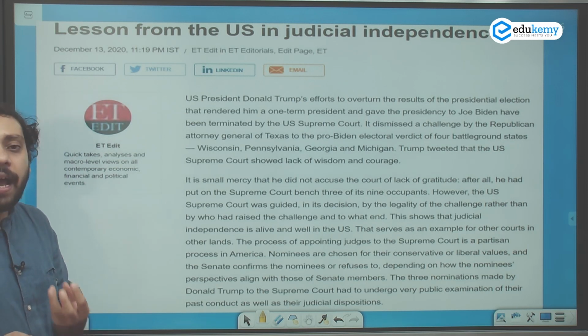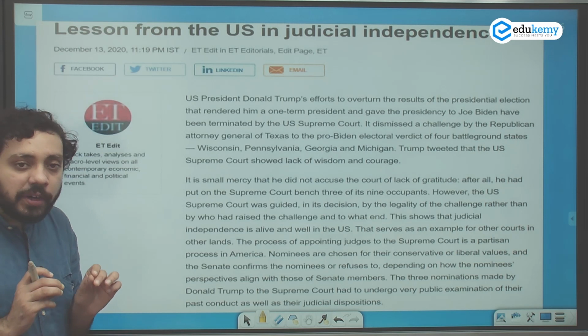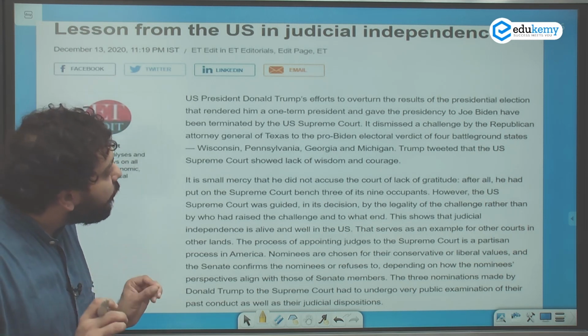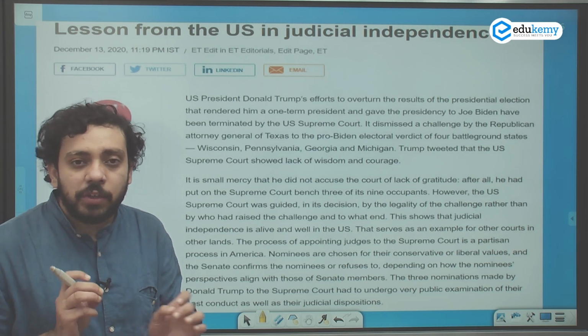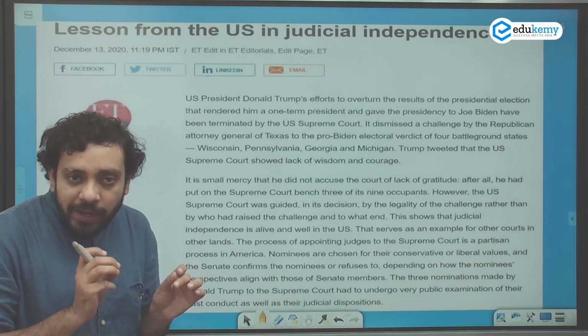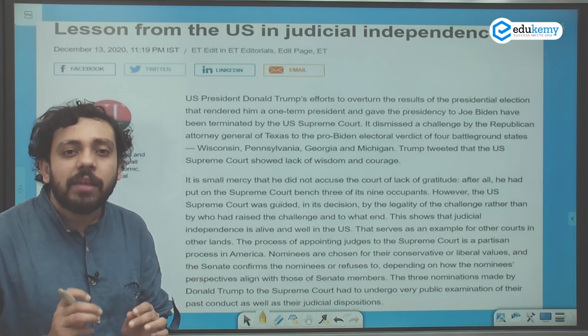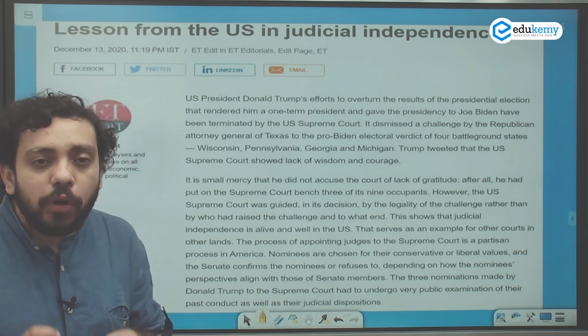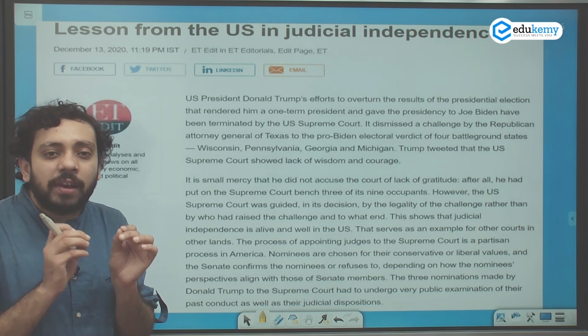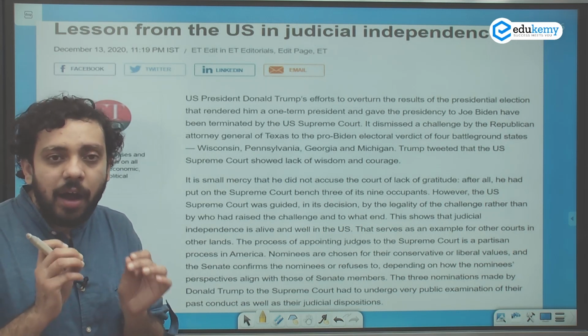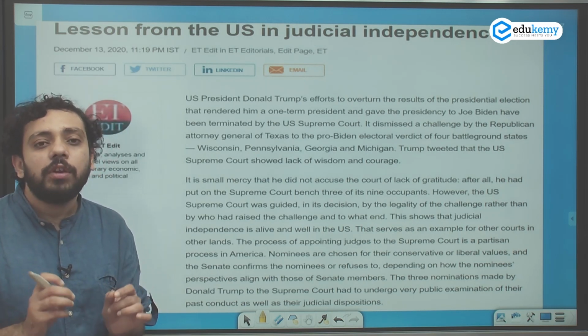In summary, I can give you an understanding of what it says. It says that after the very hotly contested elections in the United States of America in 2020, a lot of challenges were brought to the Supreme Court by Donald Trump, challenging the validity and legitimacy of the induction of the new government.